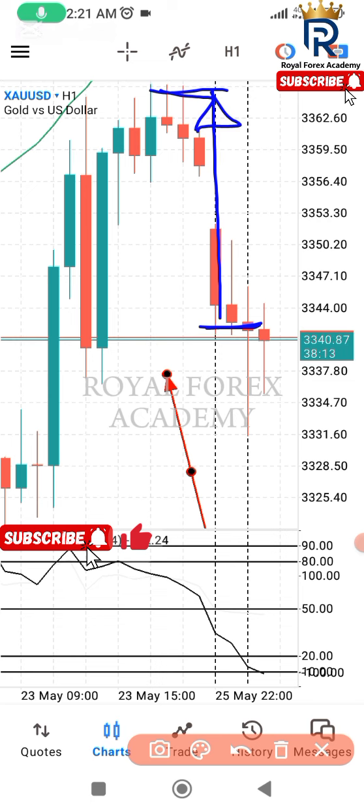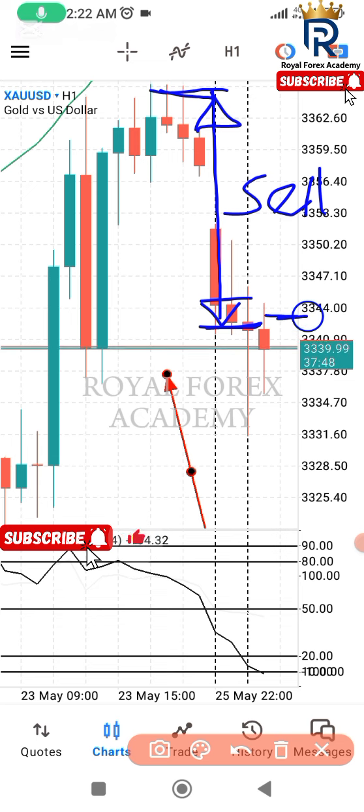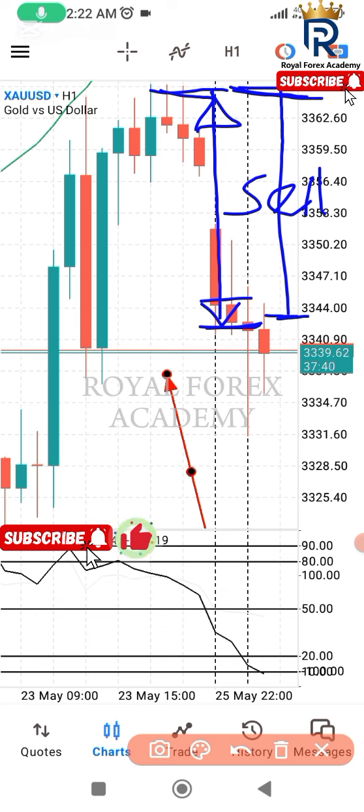So if these show the strength on the part of sellers, it simply means that I will only be looking for a sell opportunity. So for me to begin to think of buying, I will need a counter movement, which means that buyers need to show strength and let the strength of buyers move all the way from here back to this side and beyond where the strength of sellers is being displayed.